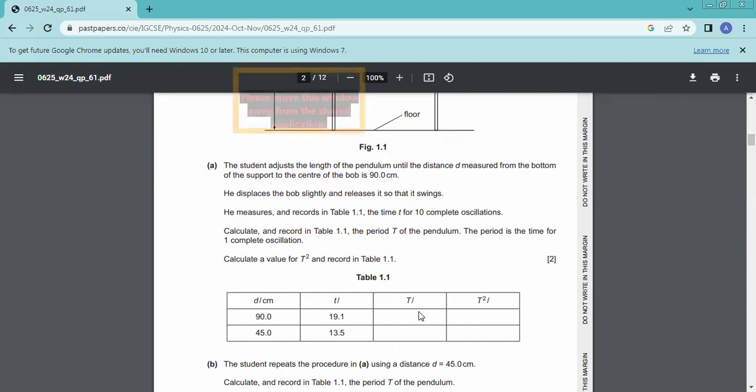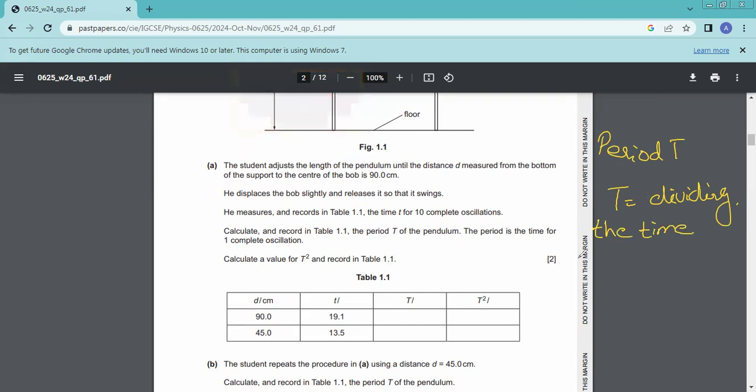First we have to calculate T, the time period, and then take the square of it. So at first, we should know what the period is for any pendulum. The period T is equal to the time divided by the number of oscillations.